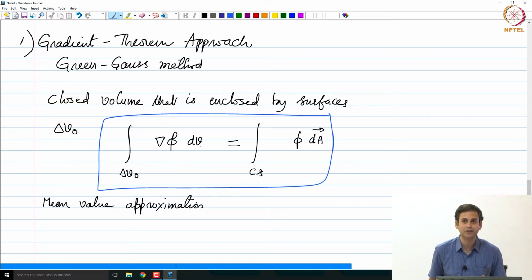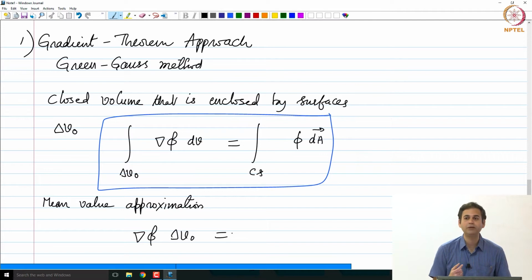Can I evaluate this integral? Grad phi is constant wherever you go in the cell, so this would be grad phi times delta V naught, and this is grad phi 0 for the cell, equals, again if I use a mean value approximation for the phi on the faces.